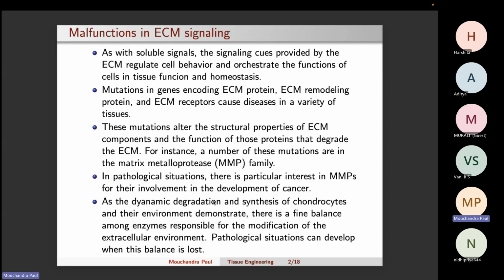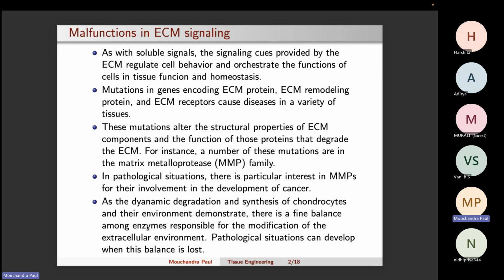And the dynamic degradation and synthesis of ECM components takes place. We have seen one case study where chondrocytes secrete the same component in response to the normal forces being applied. So there is dynamic synthesis as well as degradation going on in response to the forces.